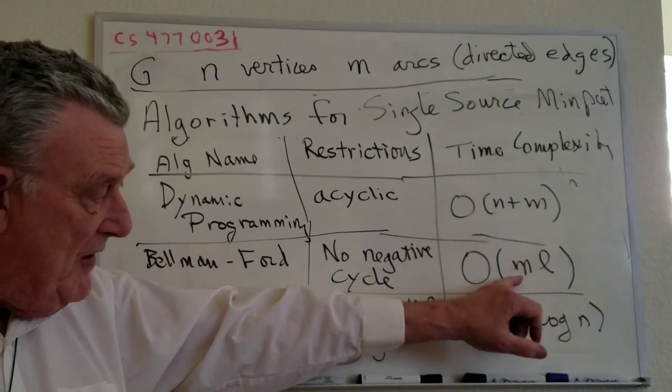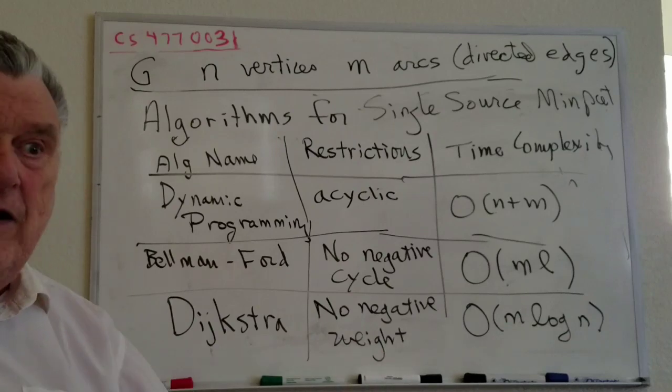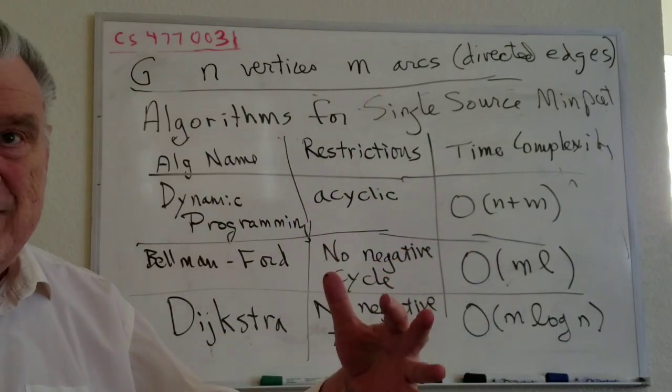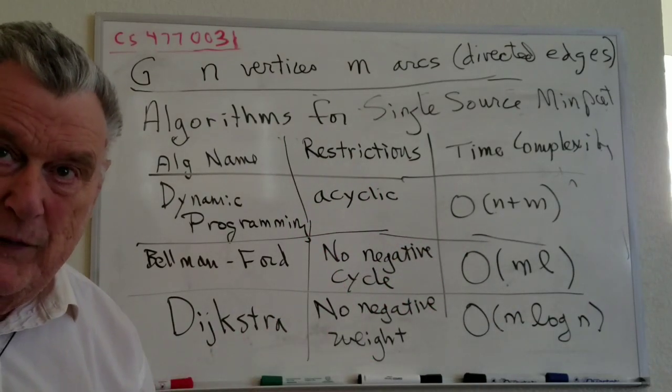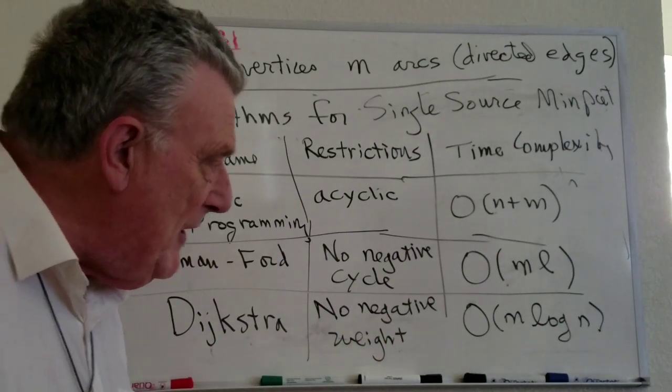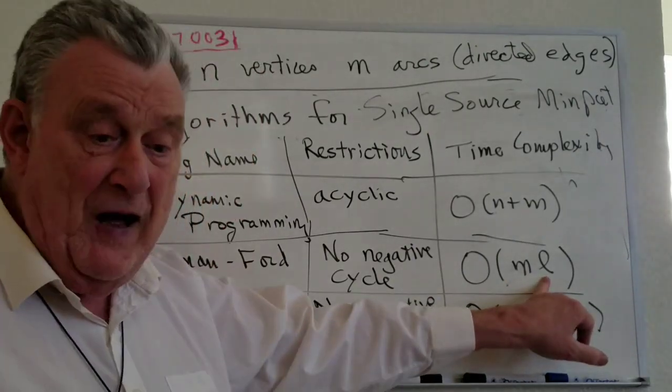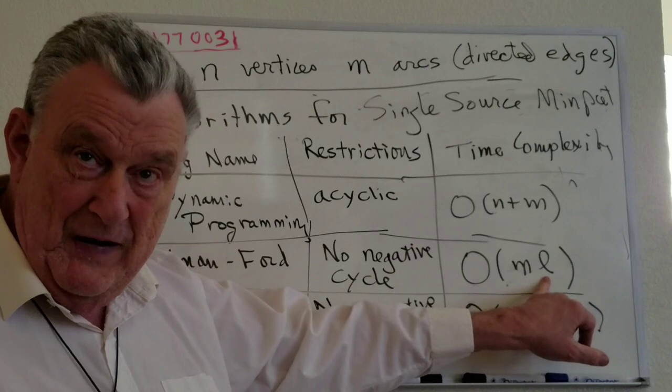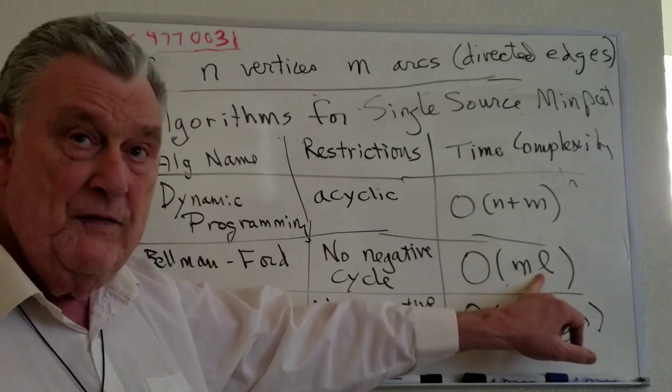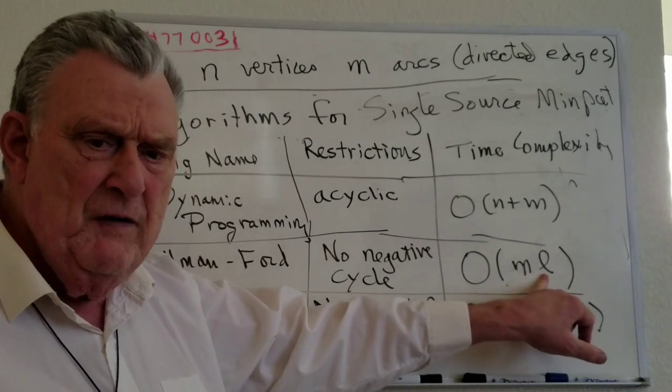So if you have n times m, that's very, very large times very, very large, which could overwhelm your computer. However, L is not very large, and therefore m times L is possibly even doable.